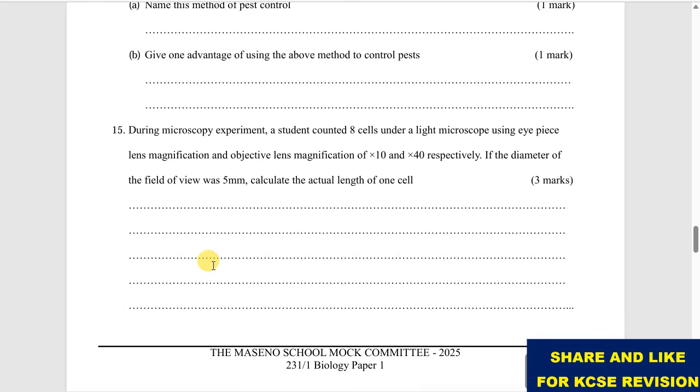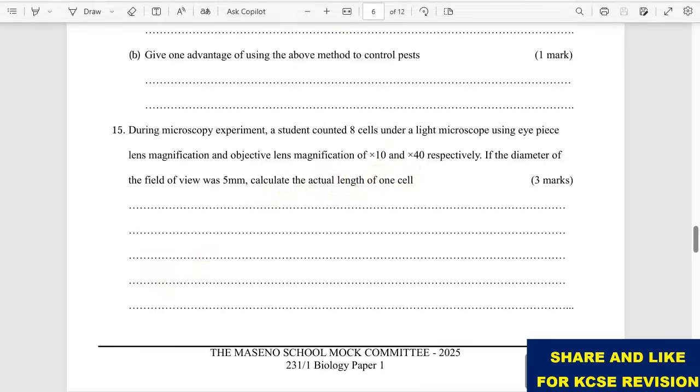During a microscopy experiment, a student counted 8 cells under a light microscope using an eyepiece lens magnification and objective lens magnification of 10x and 40x respectively. If the diameter of the field of view was 5 millimeters, calculate the actual length of the cell.